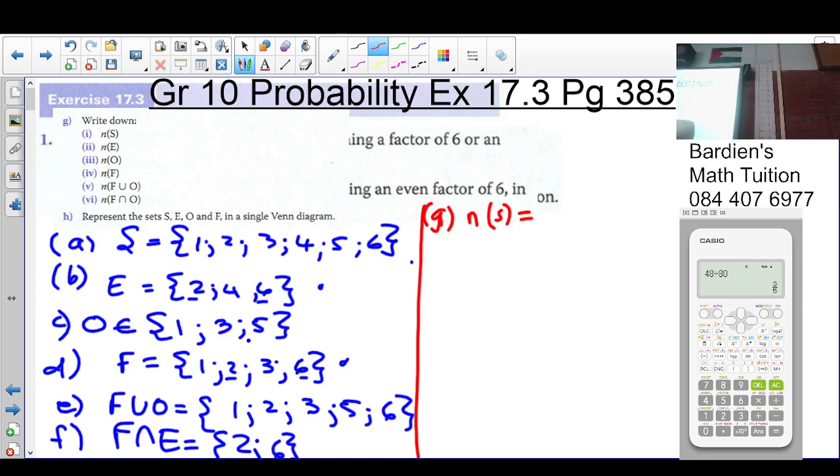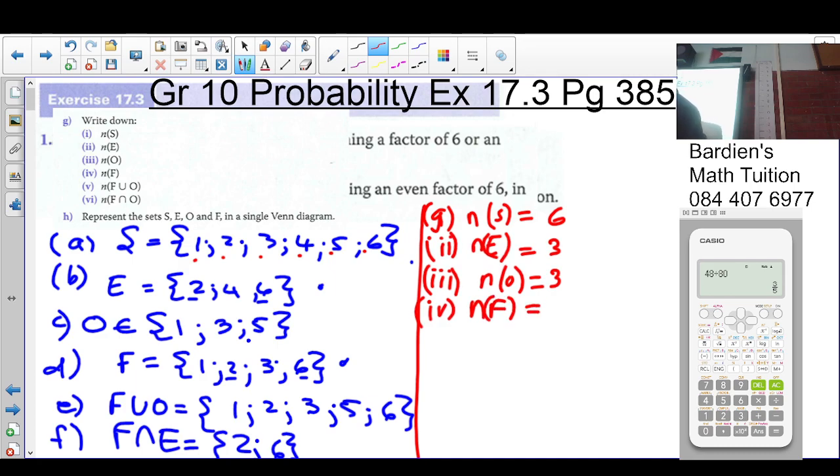So how many numbers are in the sample space? 6 numbers. Number 2, the number in event E is 3. Number 3, the number of odd numbers, 3. Number 4, the number in the factor set is 4. The number of F union O, which I calculated in E, is going to be 5.